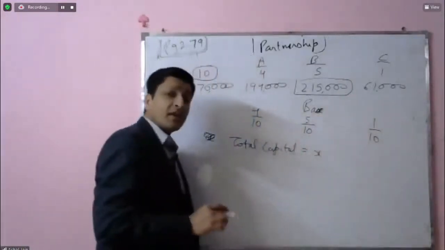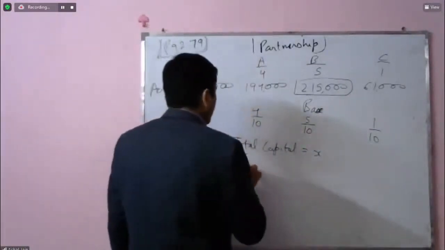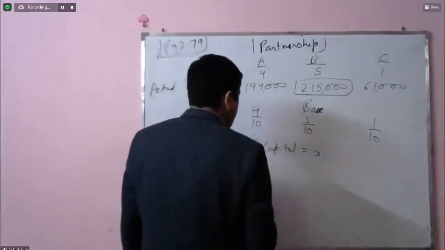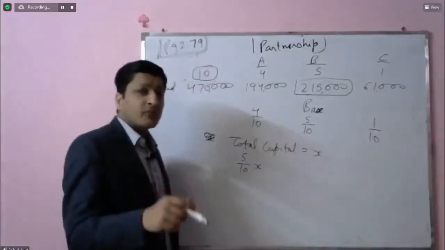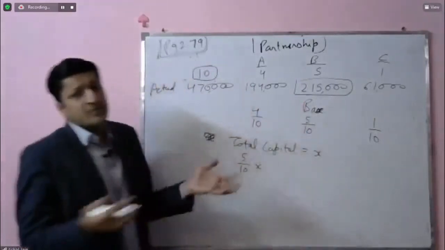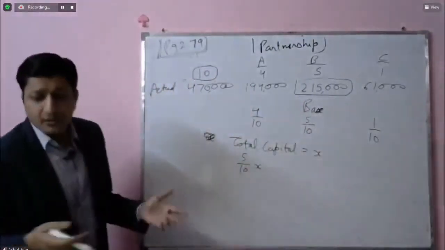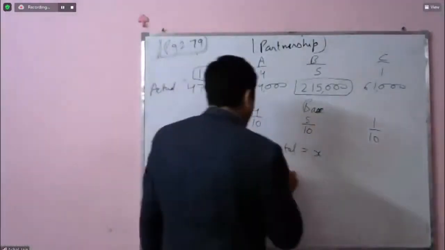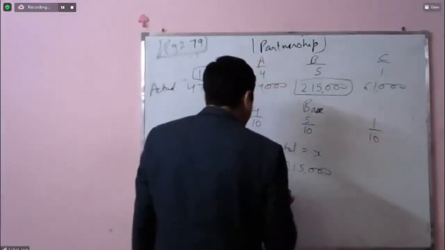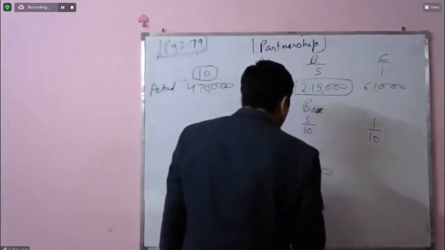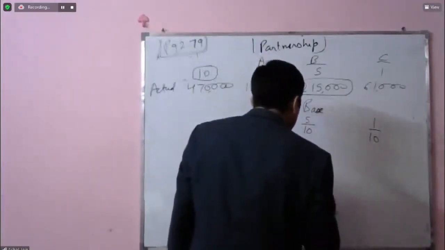So what will be the capital of B? 5 divided by 10 of X. And what is the capital that should be there for B? It will be 2,15,000. Why? Because it's the base, so the base will not change. So X will become 4,30,000.